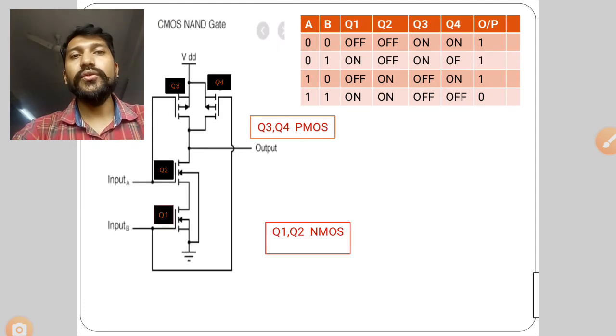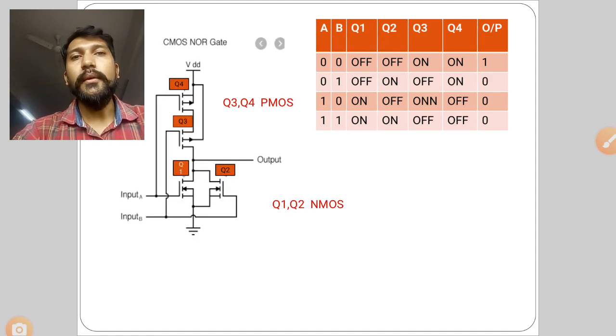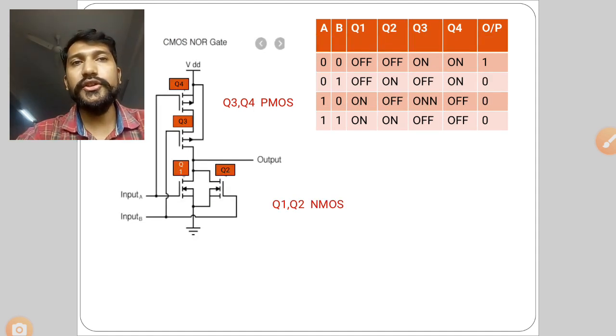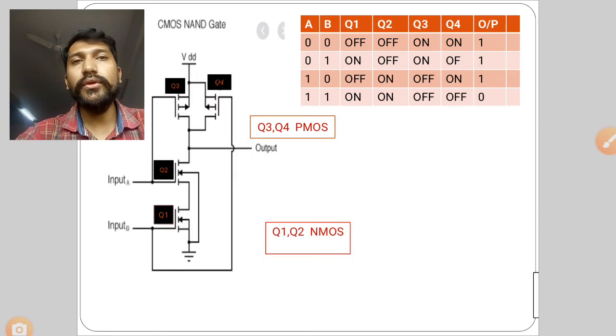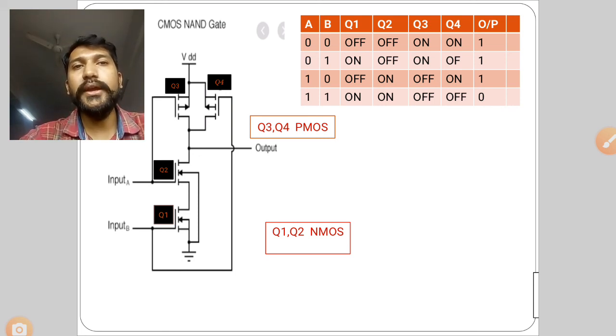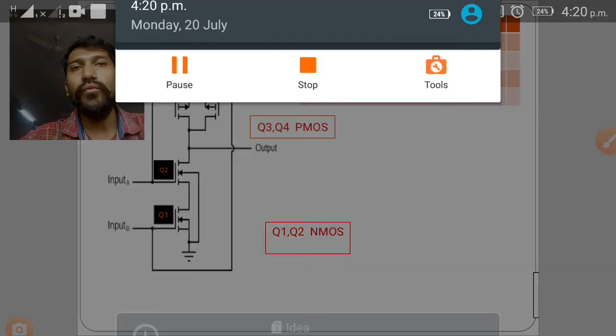See here again, Q1 and Q2 are in series for NAND, so here they will be in parallel. This is how the CMOS NAND and NOR gates are going to work, and the truth table is the same as that of your NAND gate. The only difference is that here we have used 4 MOS devices which have gate, drain and source terminals. So this is how a particular CMOS gate is going to work. Thank you.